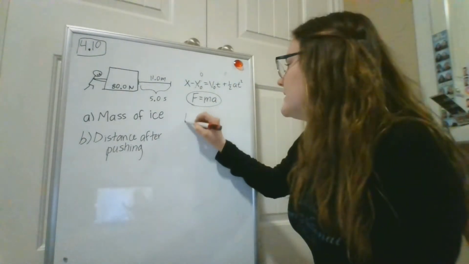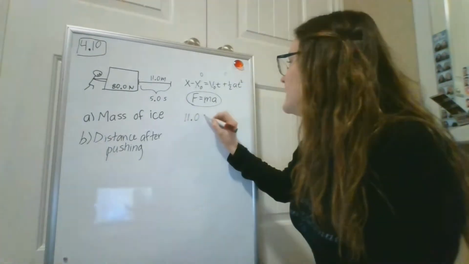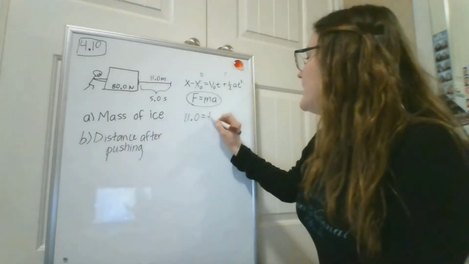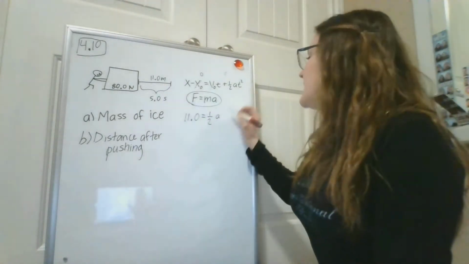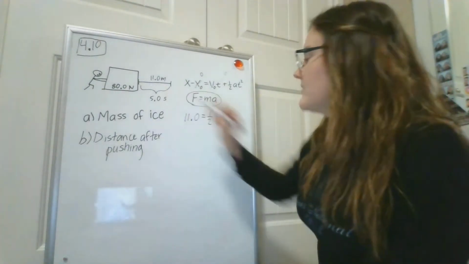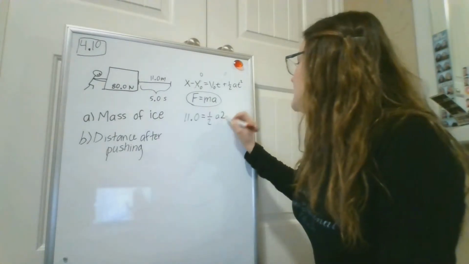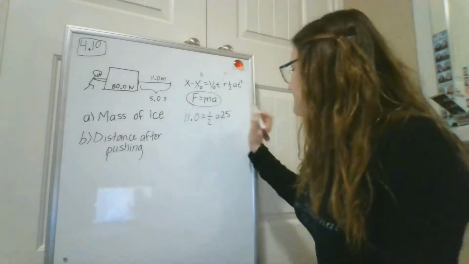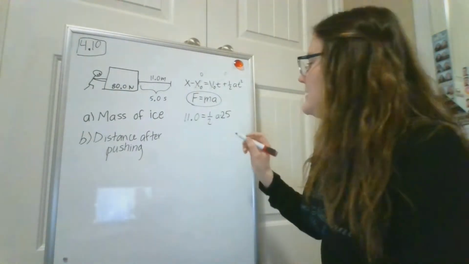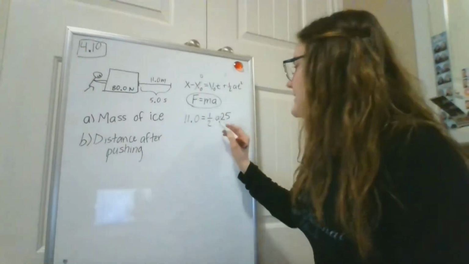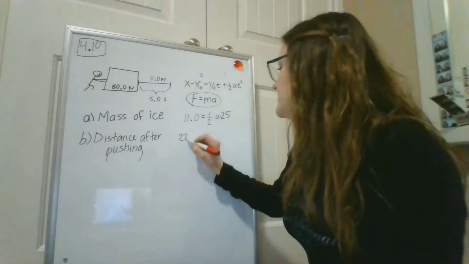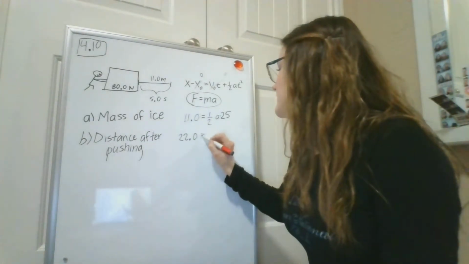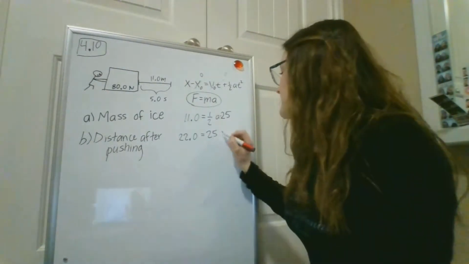It travels 11 meters, and that is equal to 1/2 times the acceleration, which is what we're trying to find, times the time that it traveled. And it traveled for 5 seconds, so I'm going to square that, and that is 25. So then we can just keep calculating this, find it algebraically, multiply by 2, we get 22.0 equal to 25a.